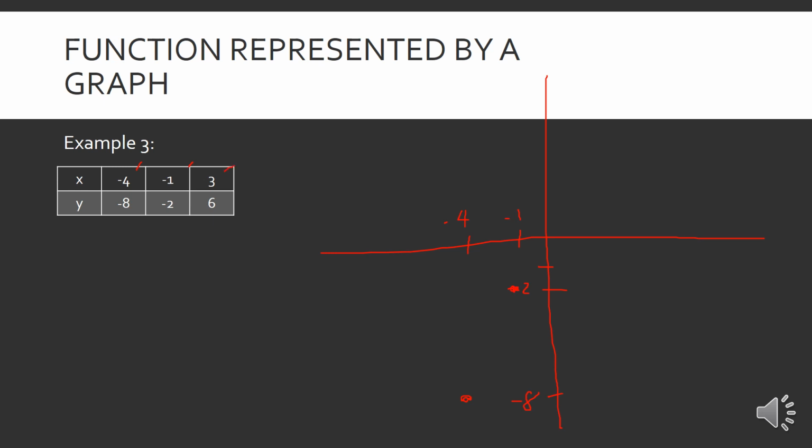Third point, 3 and 6. 1, 2, 3. 1, 2, 3, 4, 5, 6. Okay, let's connect again the points. So if we pass again a vertical line anywhere in the graph, it will only touch the graph at one point. So the given set of ordered pairs is considered to be a function.